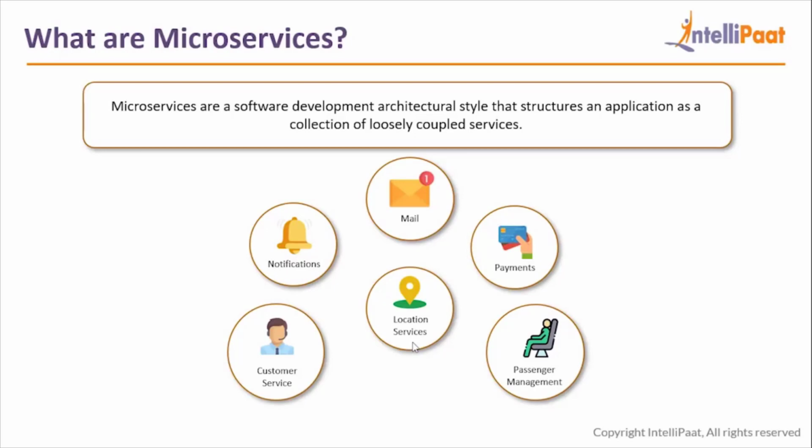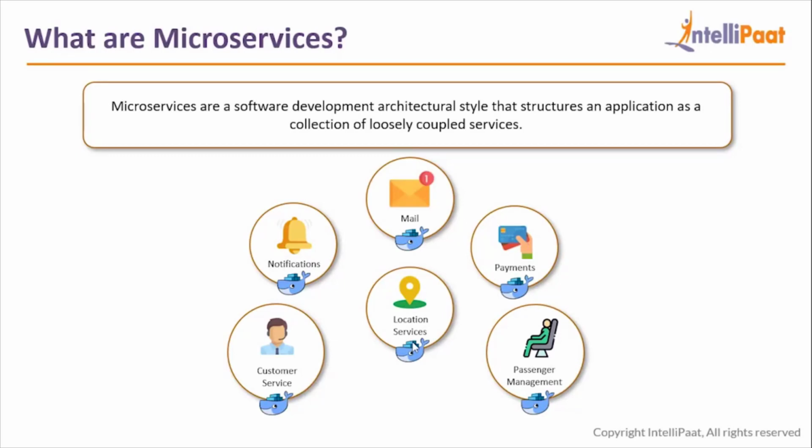Now, you might be wondering that this is a Docker session. Why and how are these microservices related to Docker? To answer that question, all these microservices are deployed on Docker containers. All these act as separate entities, and these containers then interact with each other. And this also solves the problem of the barrier to adopting new technologies.